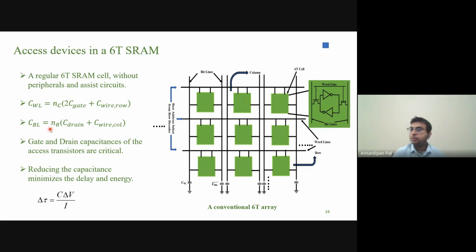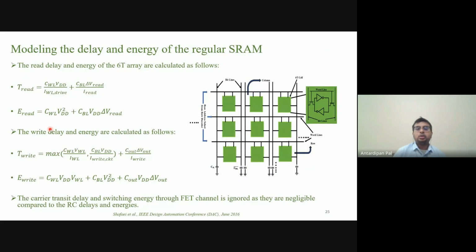Now, how can we do that? First, let's model the total energy and delay of a 6 transistor SRAM. These are not developed by me. I got this from a research paper, but we developed our own equations from these. These are the background equations depicting the energy and delay, the read energy, write energy, read delay, write delay of a regular, nothing fancy, 6 transistor SRAM array.